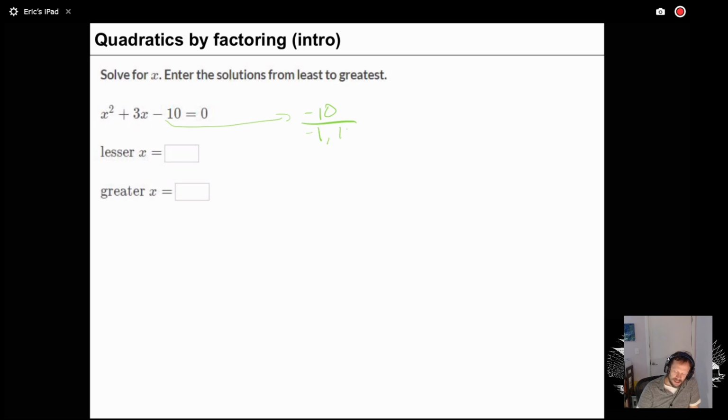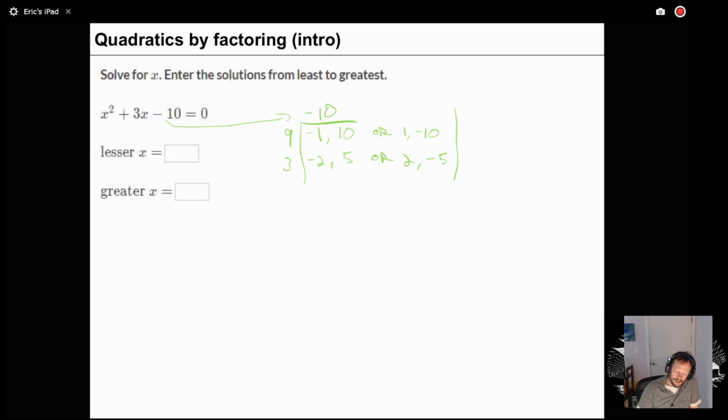Negative 1 and 10, or 1 and negative 10, negative 2 and 5, or 2 and negative 5. And that's it. So I've only got 4 terms to consider. And when I add them up, I get 11. Wow, sad. 10 plus negative 1, I get 9.